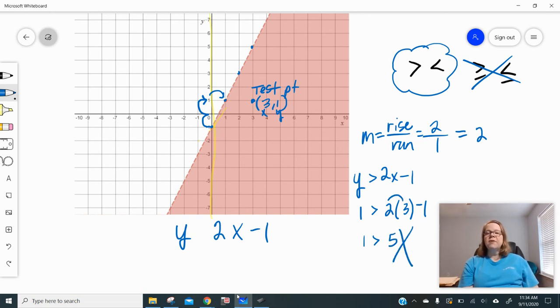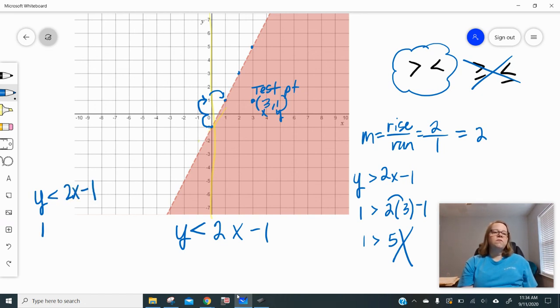No, 1's not greater than 5, so that should not be shaded if it's greater than. But it is shaded, so it must not be greater than. You see what I'm saying here? So I'm thinking it's less than. I'm going to write that over there. Now let's test that and see. Okay, let's go over here. So let's try y is less than 2x minus 1.